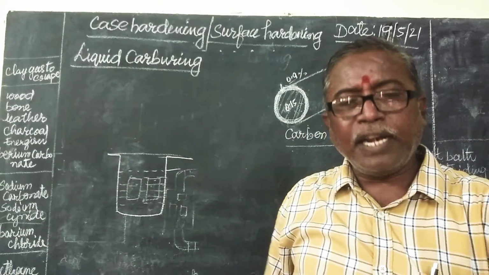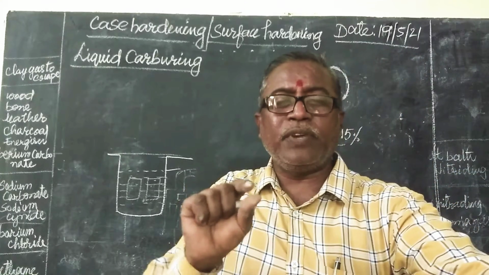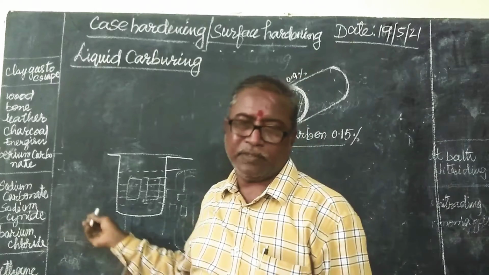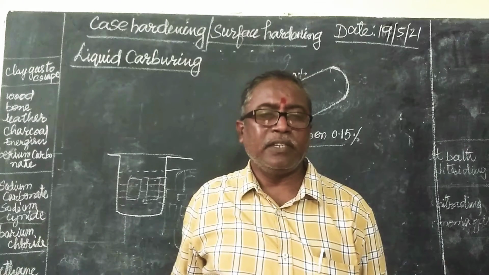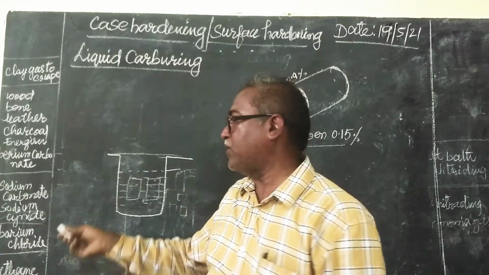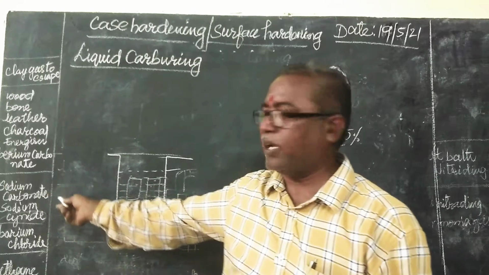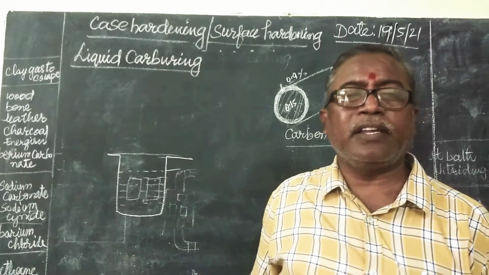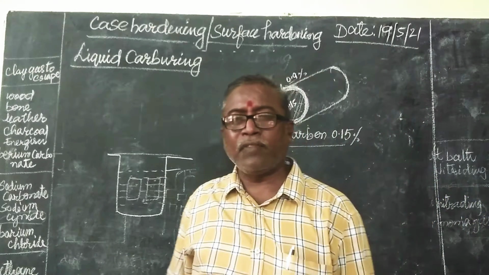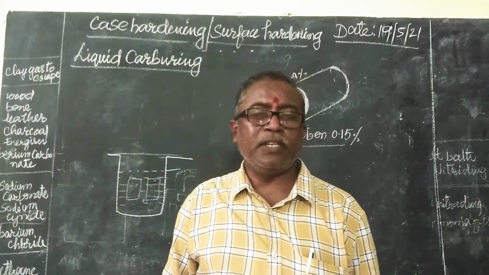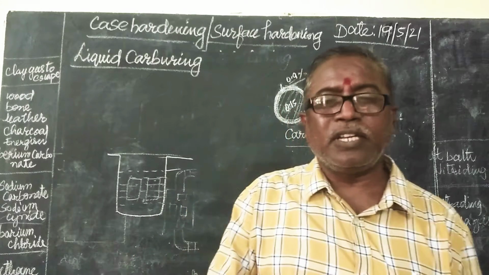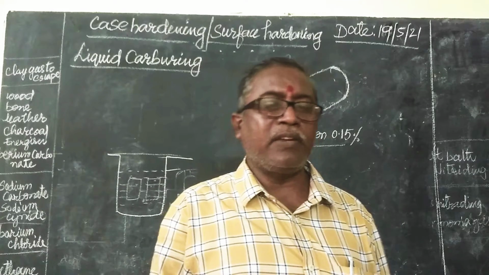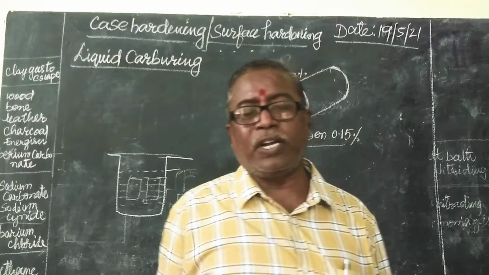The depth of hardening depends on the cyanide which we are using: sodium cyanide, sodium carbonate, barium chloride. These three are used here. After heat treating, the soaking time is given, and depending on the time, it will be quenched in water.